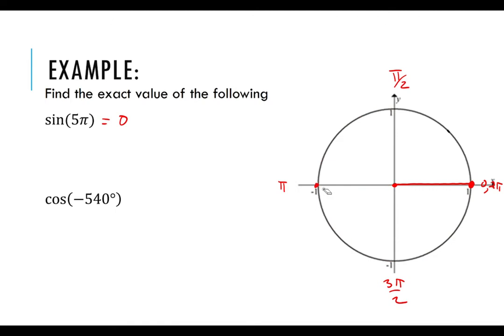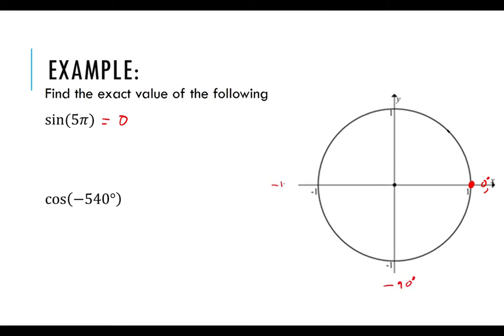Similarly, let's do it for negative 540 degrees, but cosine of negative 540 degrees. Alright, so our rotations, not only could they be in radians, but they could also be in degrees. But that says negative, so let's see what the negative is. So if we start at 0, and then we rotate, this is then negative 90 degrees of rotation.